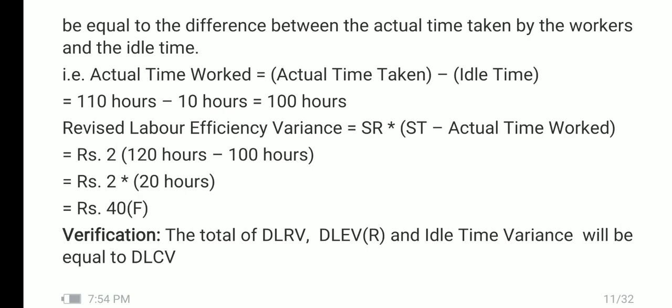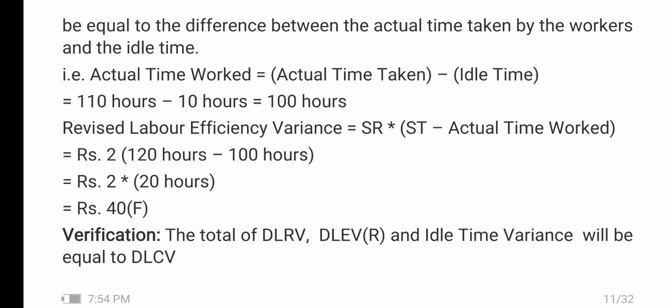Now, we can verify the total of DLRV, that is labor rate variance, DLEV efficiency variance revised, and idle time variance. The aggregate of these three will be equal to DLCV.